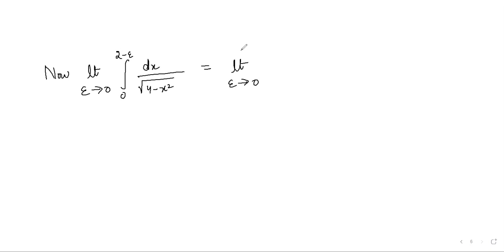Now, limit epsilon tending to 0 in this integral which we have evaluated, 0 to 2 minus epsilon dx upon under root 4 minus x square. It will be limit epsilon tending to 0 of sine inverse 2 minus epsilon upon 2.